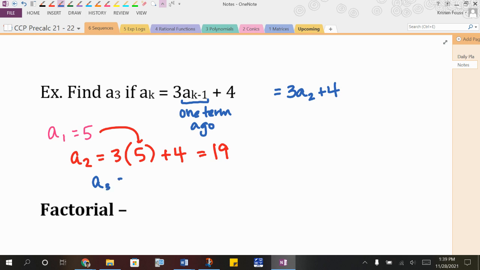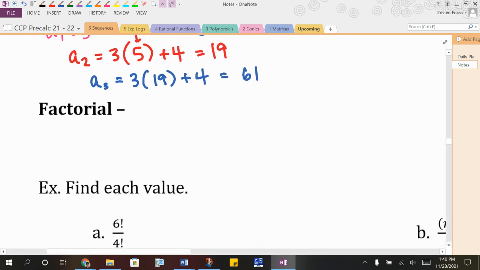So a_3 would be 3 times the value before it, that was 19, plus 4. And 3 times 19 is 57. 57 plus 4 is 61. So that tells me that a_3 is 61. But again, because it's recursive, I had to build up to get there. I couldn't go straight to term 3. So that's the difference between explicit and recursive. Explicit, I can go straight to where I want, whereas recursive, I've got to build.